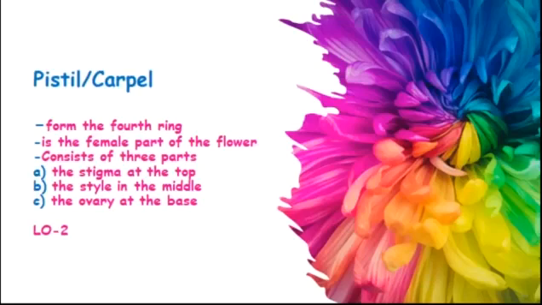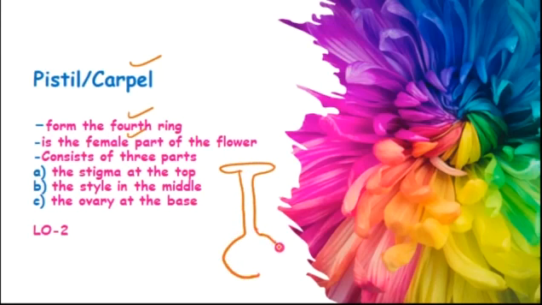So pistil, which is the carpel, forms the fourth ring of the flower. It is a female part of a flower and consists of three parts. The topmost part is called a stigma.